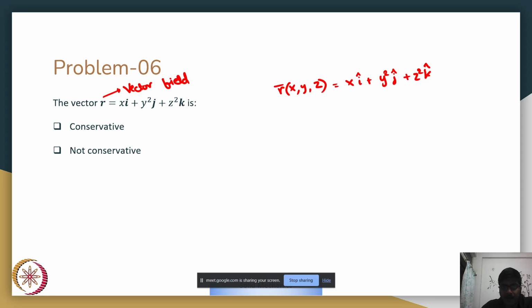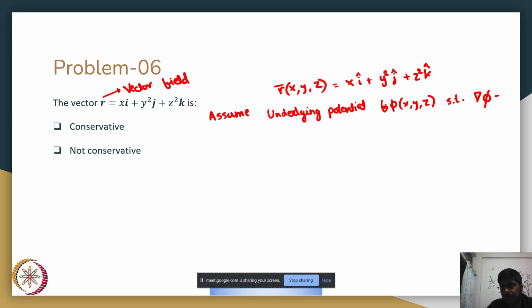Okay, so the simplest way is to assume some sort of underlying potential. So we assume an underlying potential phi of x, y, z such that grad of phi is equal to r.